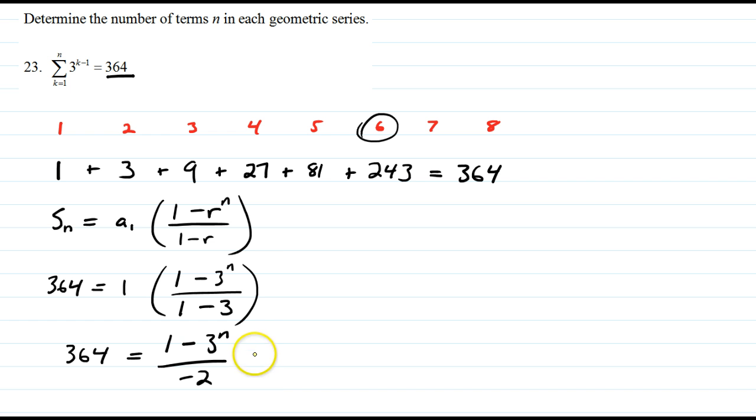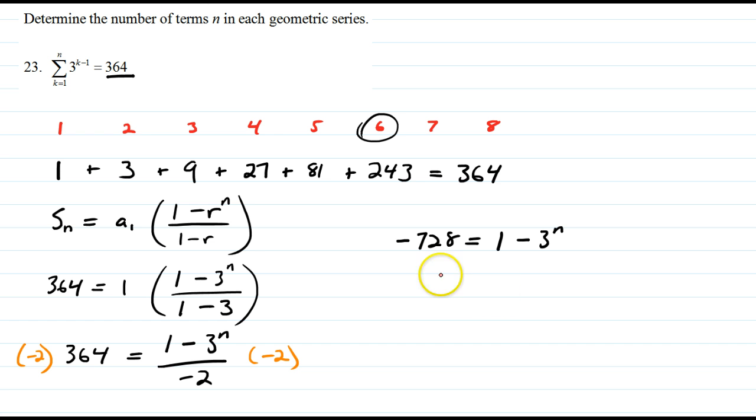Now get rid of that negative 2 by multiplying both sides by negative 2. And so we get negative 728 equals 1 minus 3 to the n.